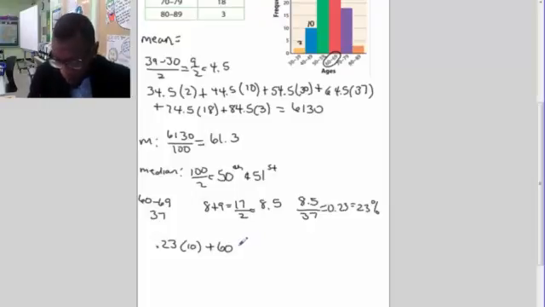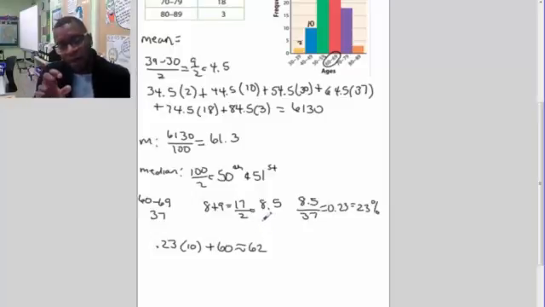So when we do that, we get that our median value is approximately 62. Okay, and so this is a little higher than our mean value, but it's still in the range. We know that the middle value for our 100 US senators is 62 years old.